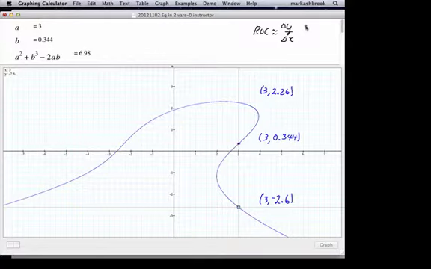Okay. Very well said. How about someone in the back? What is that ratio, change in y over change in x? What does that mean? Anybody give it a shot?